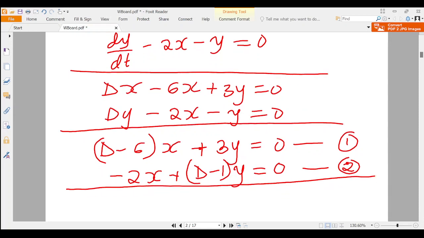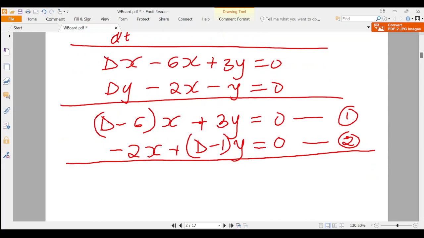Now, what we shall do is use a method that we call elimination. We shall use the elimination method the same way we use the elimination method to solve a system of linear equations. We shall eliminate one of the unknown functions, and then we are left with an equation having one unknown function.